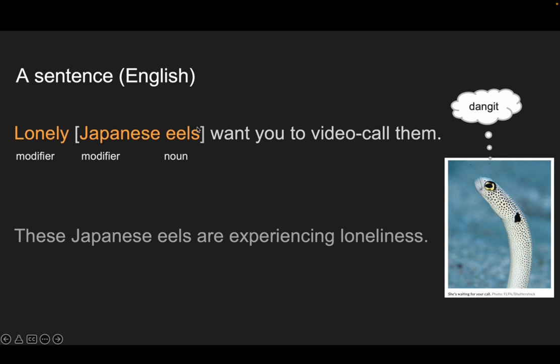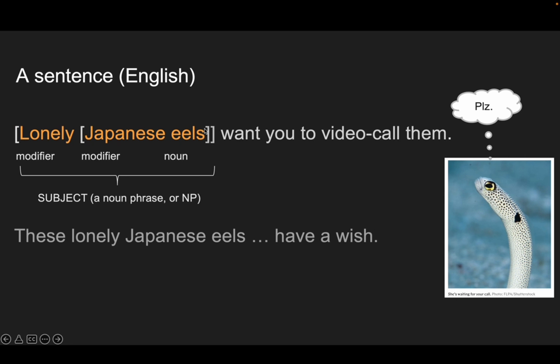And they are, they want. So the sentence is really built around the verb. I'm going to use the term predicate a lot.